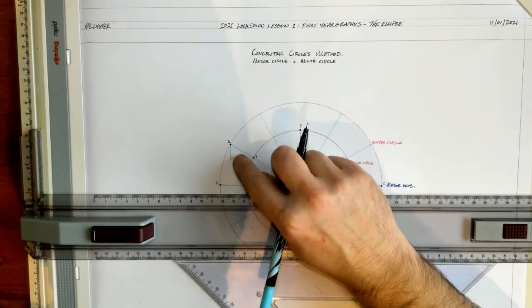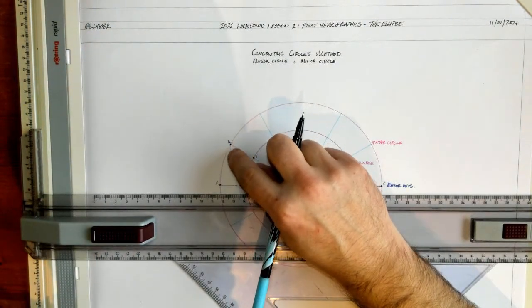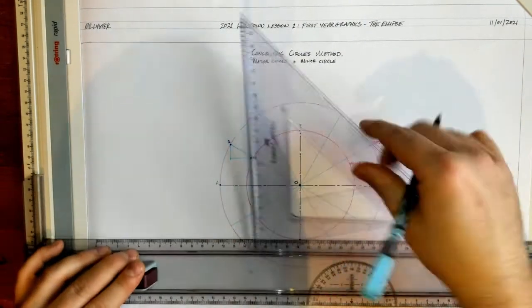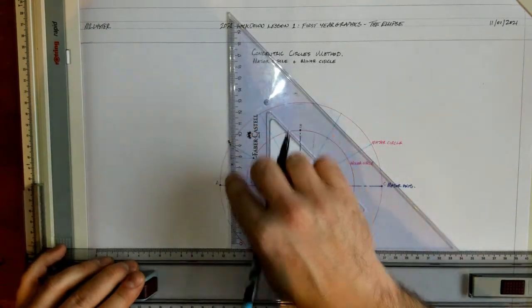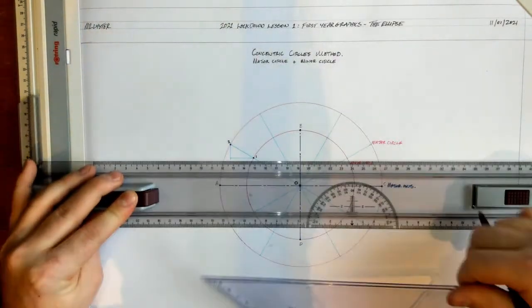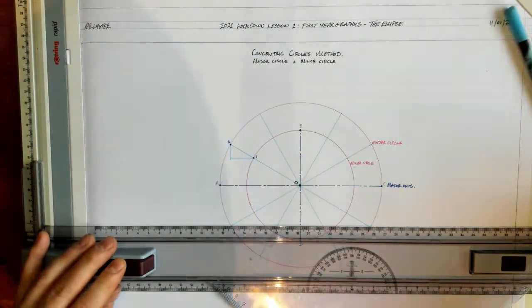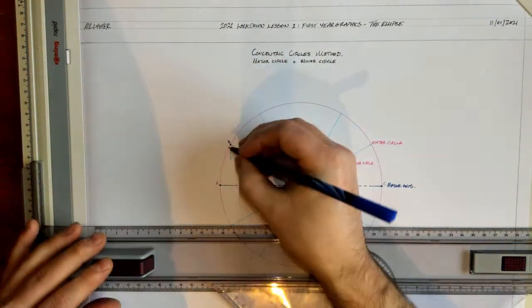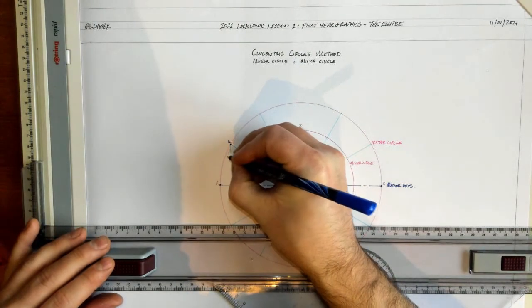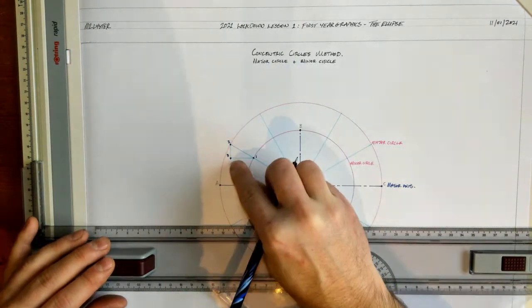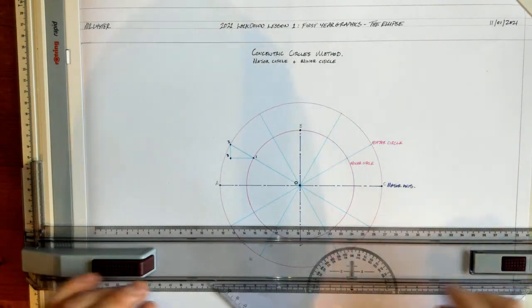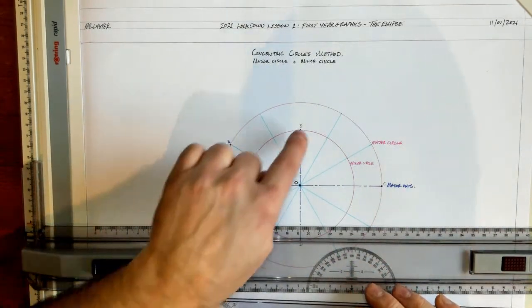And you can see it's very important here that that's a line coming straight down. So I'm using the t-square and the set square straight down, and then I'm using the t-square to draw the line from 1 straight across. Where those two lines intersect, that means cross over, that gives me point 3. And point 3 is a point on the curve of our ellipse, just like point A, B, C, and D are.